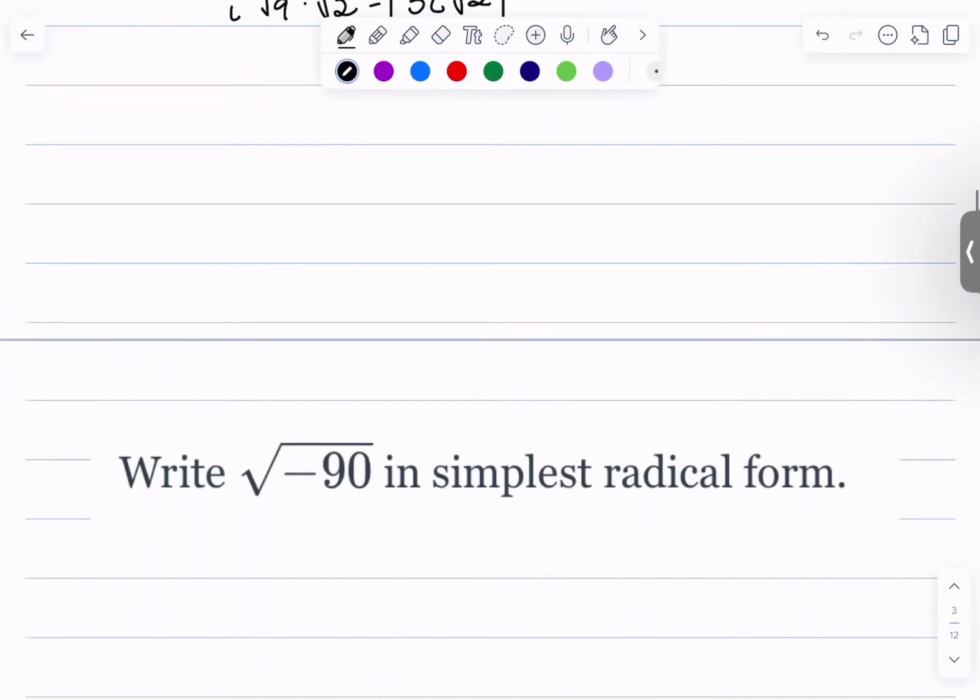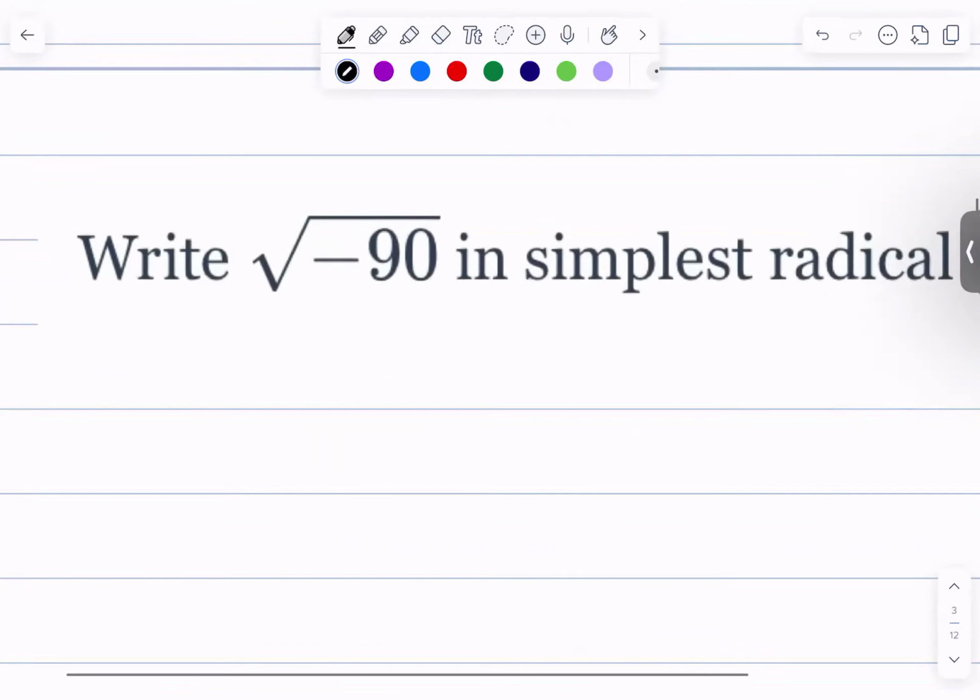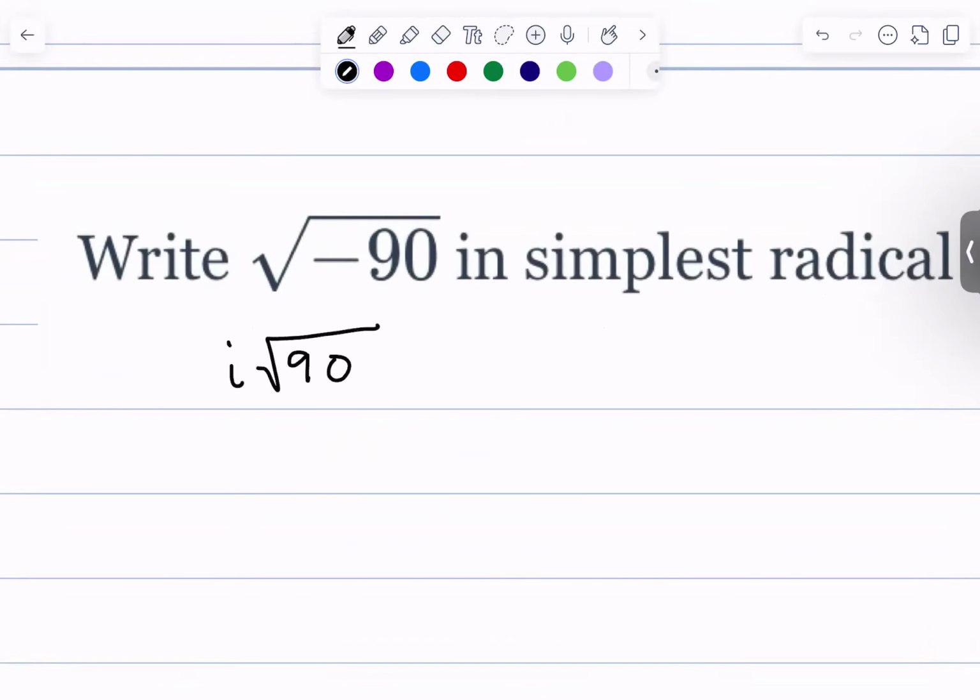All right. Next one is the square root of -90. Okay. I see a negative, so it's just i square root of 90. 90 breaks out to be what? 9 and 10. Now I know 10 is not a prime number, right? But there is no reason for you to go further and say it's 5 times 2, because 5 and 2 are not perfect squares, right?